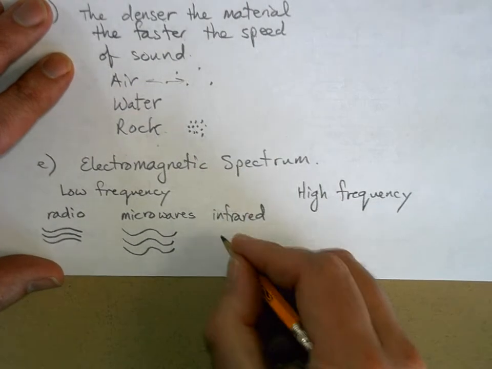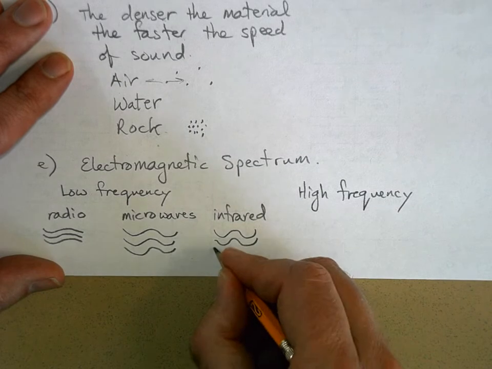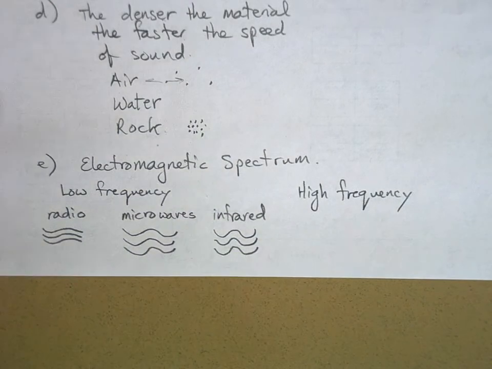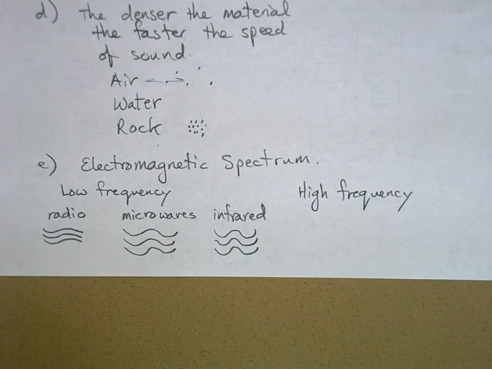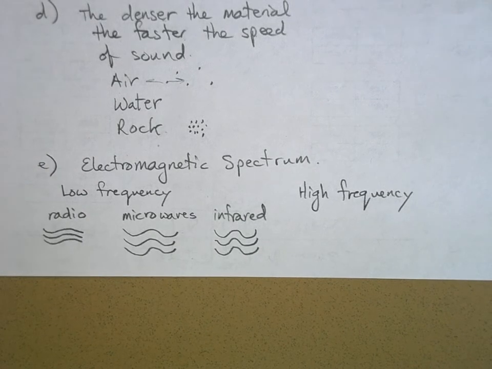These have higher frequency, greater energy. Infrared light. Now, we can't see infrared light, but if you hold your hands up to a campfire and you feel the warmth, or you feel the warmth of the sun on your face, that's infrared light. And we do have cameras that can see in the infrared, right?